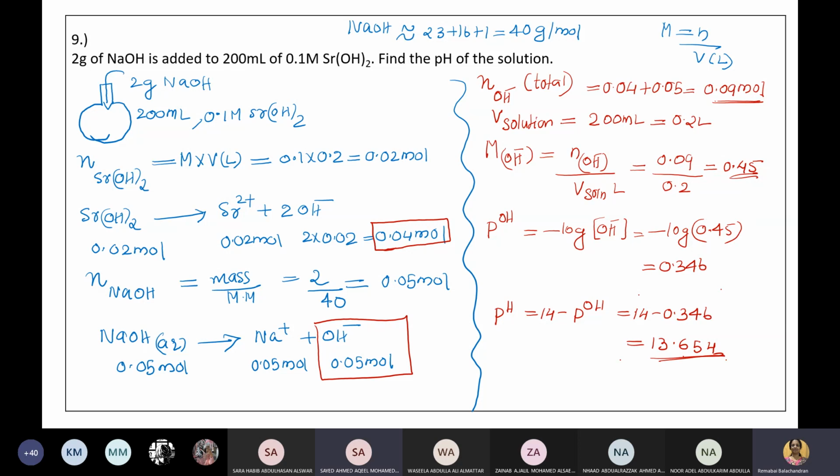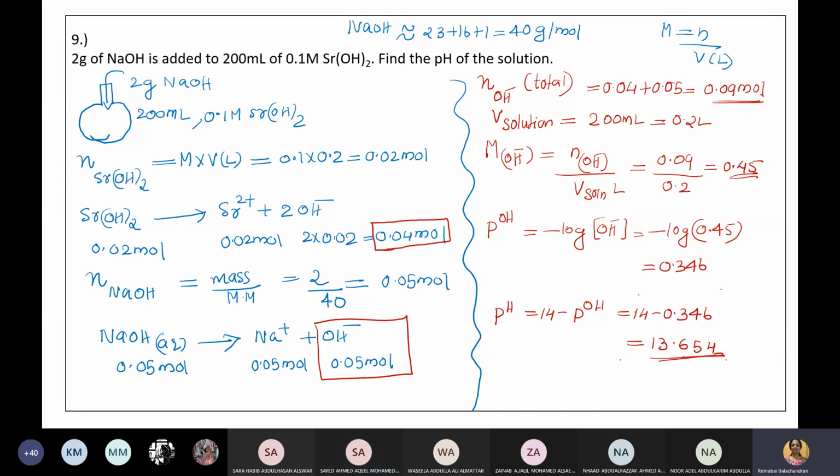First of all, I find the concentration of NaOH. Concentration of NaOH in the solution, you mean? Yes. Okay, fine. 0.05 over 0.2 liter. We consider that 0.2 is for the whole solution.